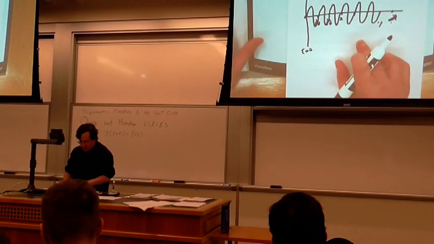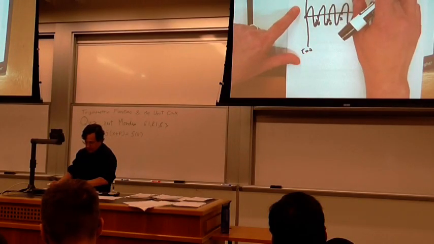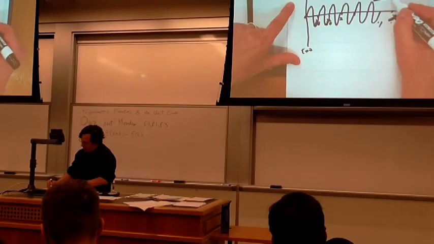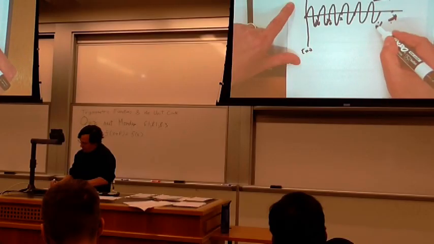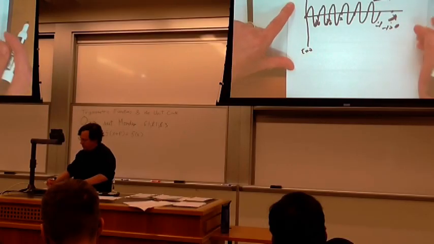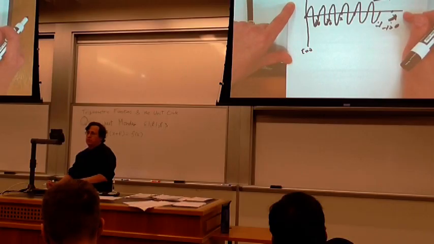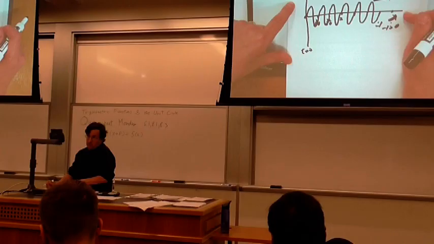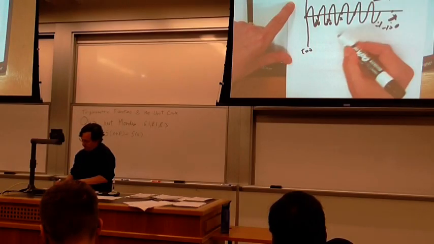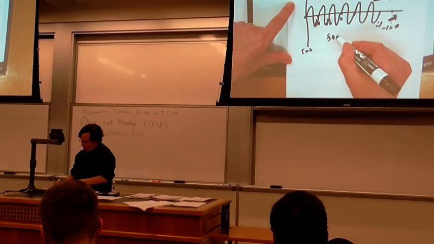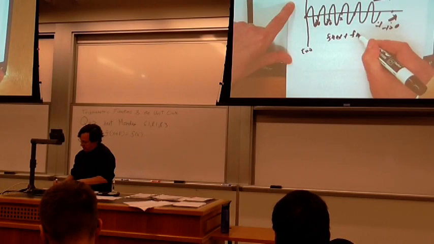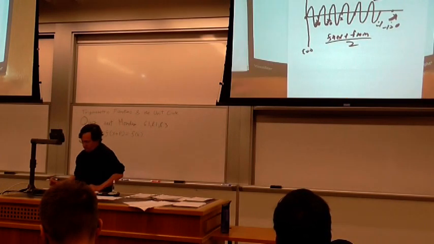State the period. We did that. What is the amplitude? Well, the amplitude, 120 to minus 120, so the amplitude is 120. If you remember, it's the max plus the min over 2.